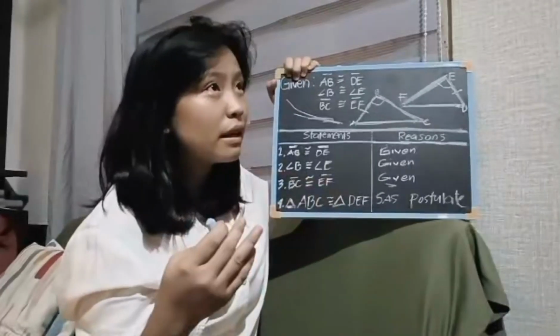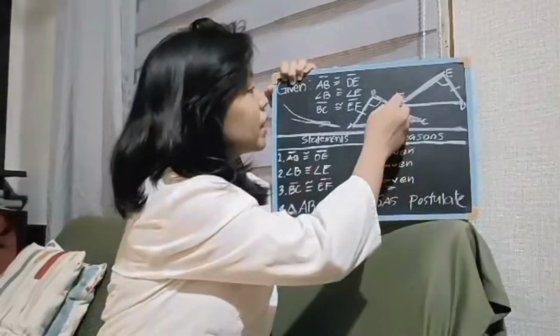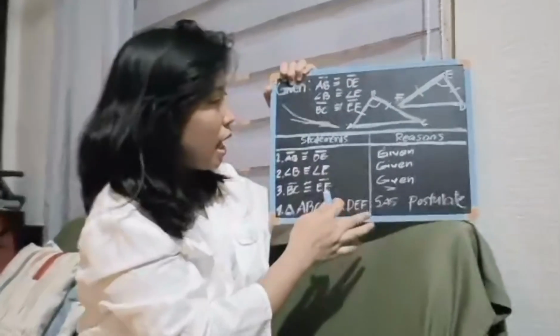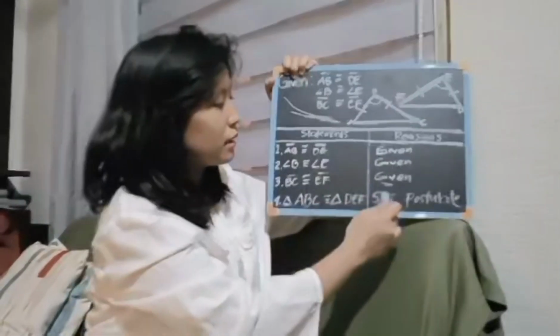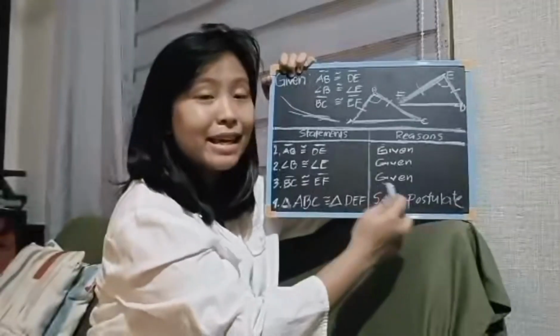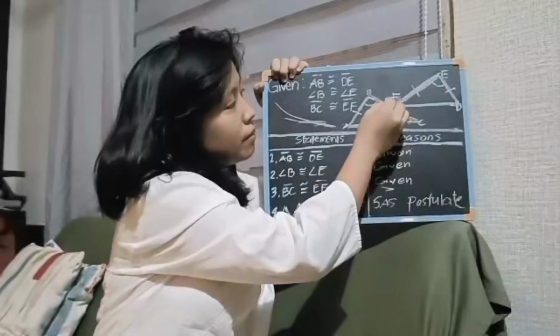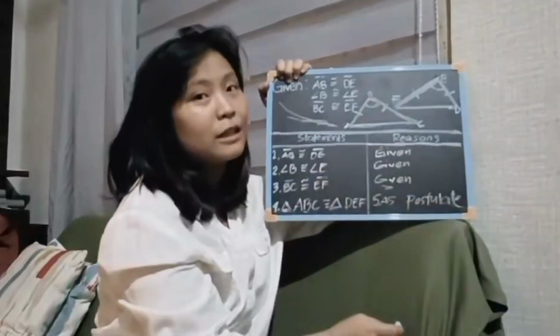It's very easy if we find the postulates and theorems. And the fourth statement says the reason is the SAS postulate. It means side angle side postulate.